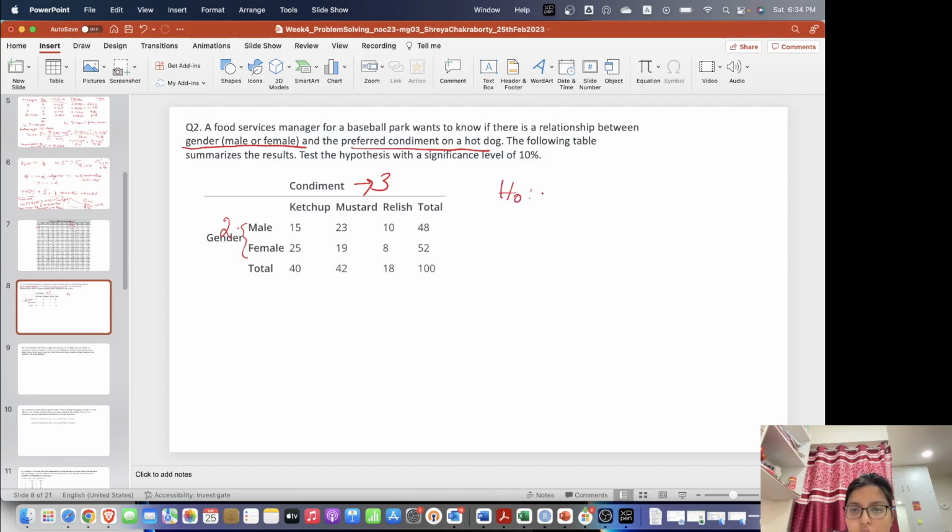So the H naught, the null hypothesis, is that there is no relationship, that is, gender and preferred condiment are independent.